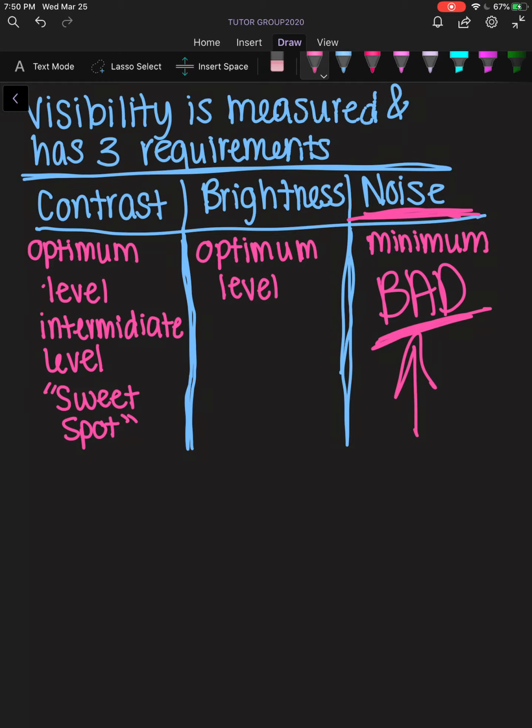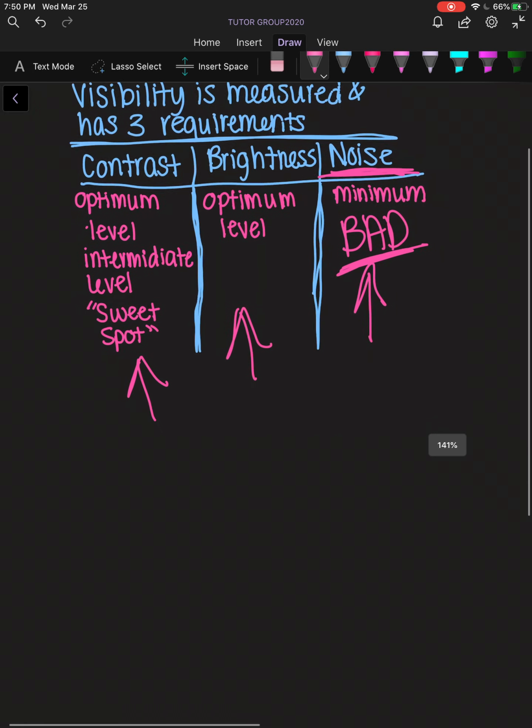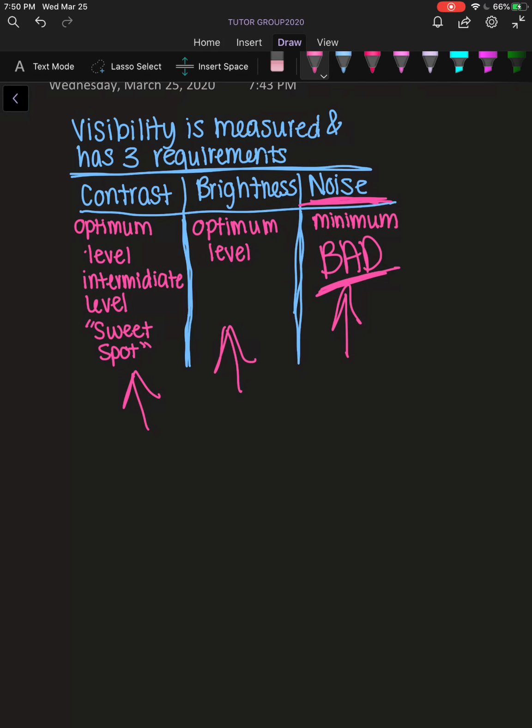Any image that has noise obstructing it, or if the brightness and contrast are not at an optimum level, is going to cause your image to be considered a silhouette, which is bad.